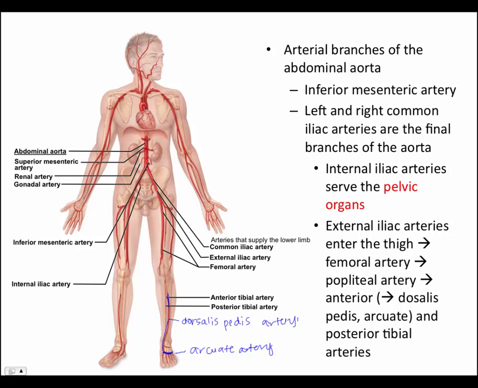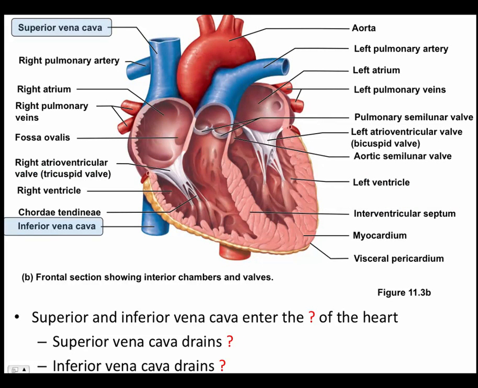Now, what happens on the other side? We're going to have veins. Let's take a look at how we bring that deoxygenated blood back towards the heart. All that return is either going to come from the head, the neck, and the arms through the superior vena cava, or if we're talking about the trunk of our body and our lower extremities, that's going to come into our heart from this inferior vena cava.